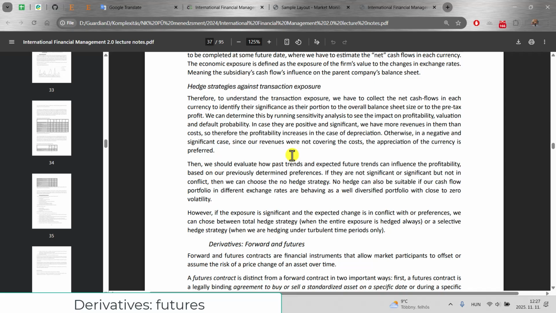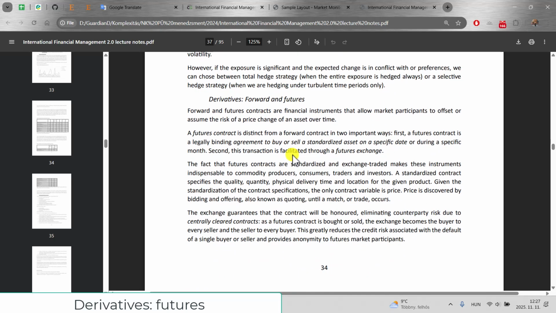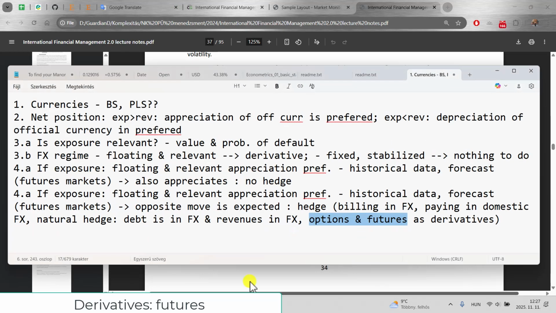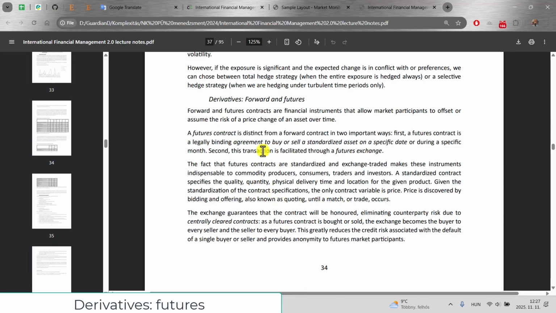So how can we do this? What kind of hedging strategies are available? And of course, we can go immediately to derivatives once we have considered all of this. In case of derivatives, we can have a futures contract, which is a standardized contract between two parties.